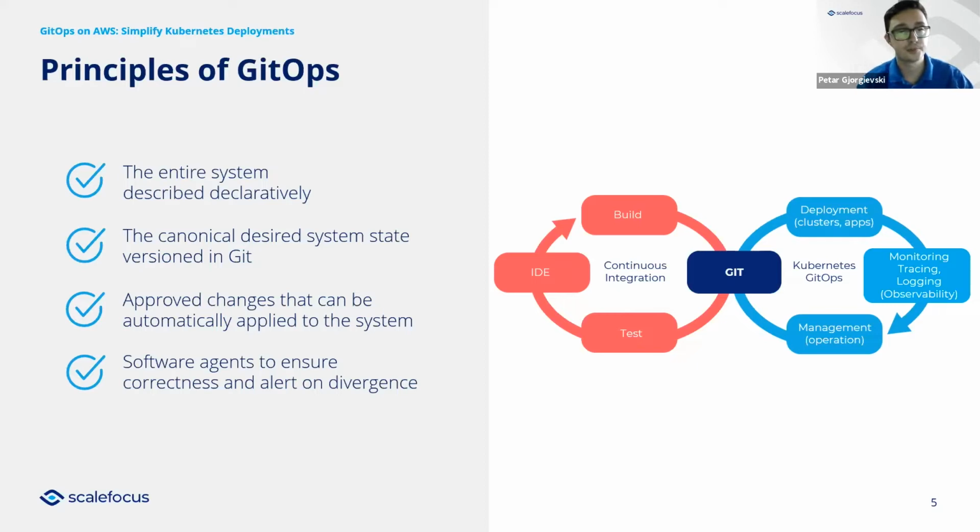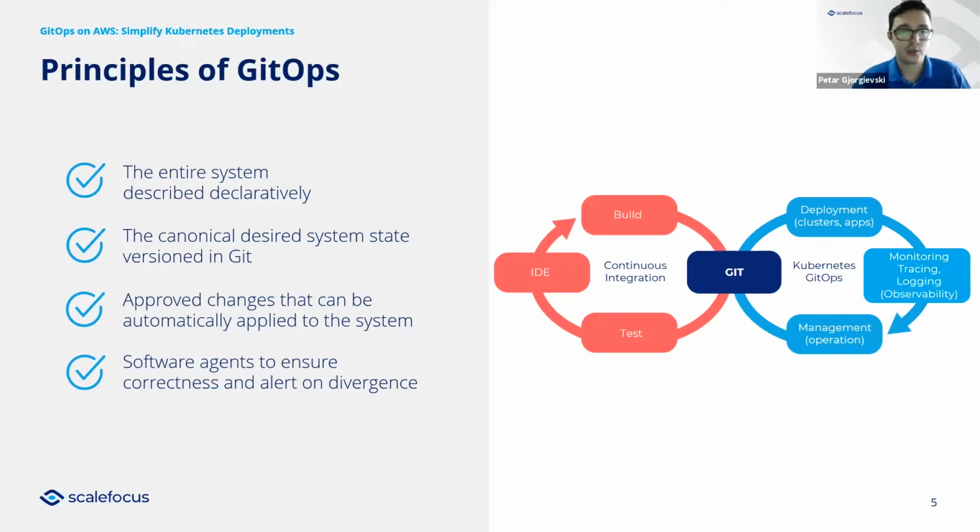Approved changes can automatically be applied to the system, which means that every time a pull request is opened, approved and merged, you're able to sync up your cluster automatically and make the deployment without the necessity to give direct access to anybody to the cluster itself.